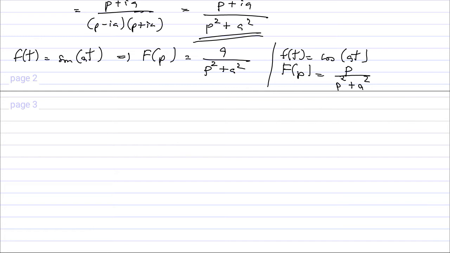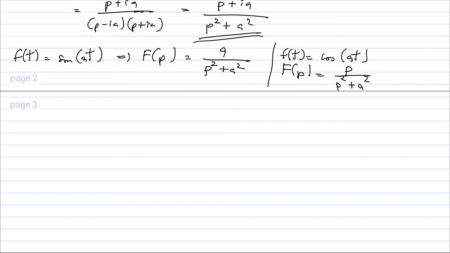There are whole tables available, where for most types of functions that you encounter, the Laplace transform is listed along with the function. You can find such a table in ODEs as well, I believe in the chapter on ordinary differential equations. If you have such a table, you can very easily find the inverse Laplace transform. You just read the corresponding entry in the table.